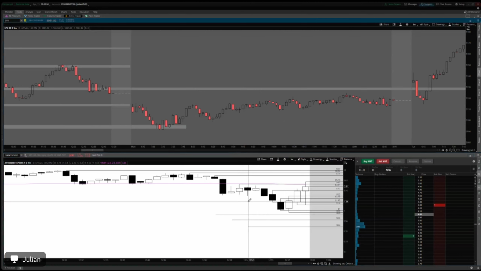No problem. Yeah, dude. Bookmap is definitely a game changer when you can actually see where the actual support and resistance is, where buyers and sellers are waiting.